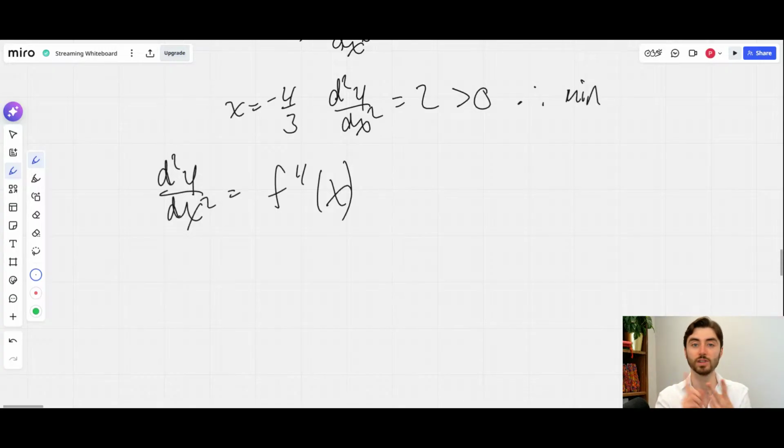So finding tangents and normals, finding turning points where the gradient is 0, finding increasing or decreasing function ranges based on whether the gradient is positive or negative, things like that.